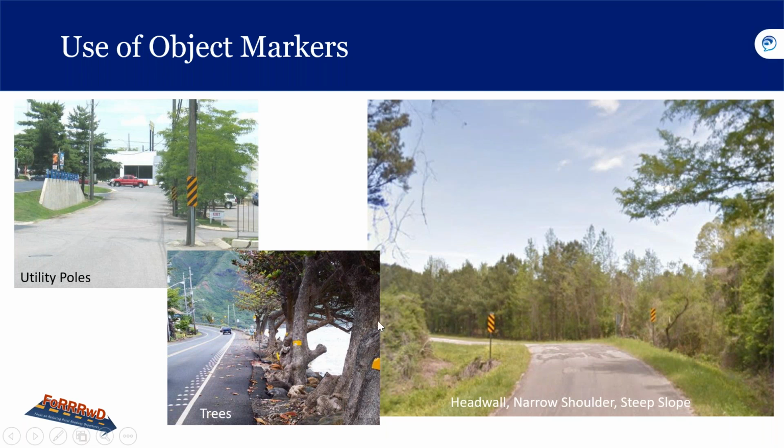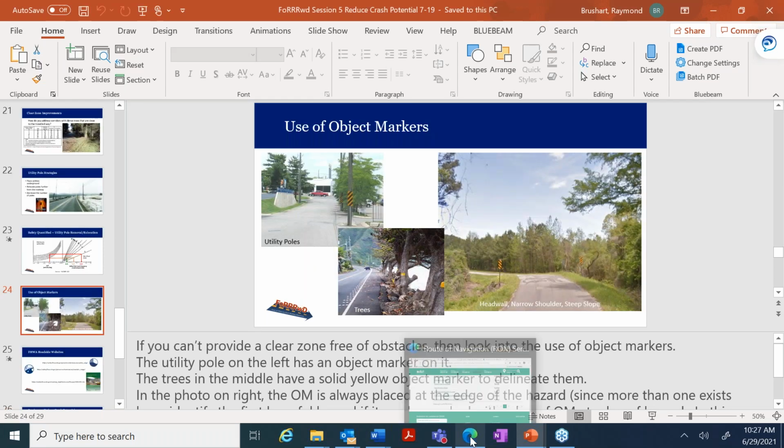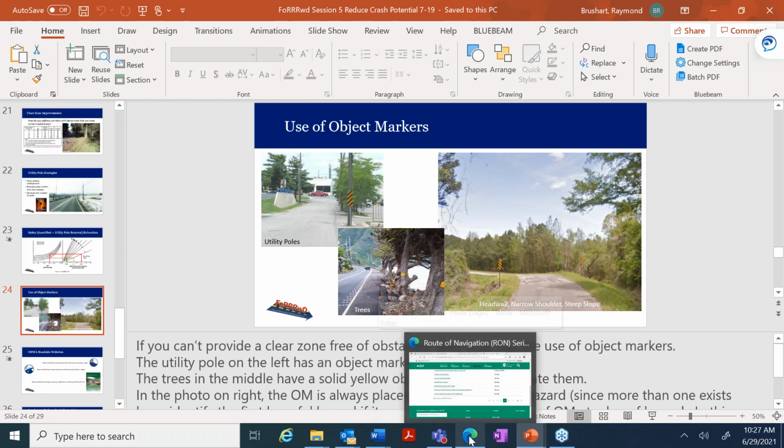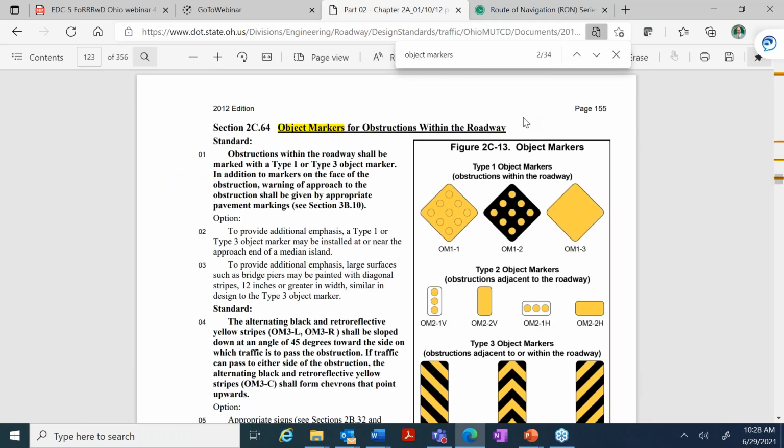And if you need to find out more information on object markers, you can find a lot of information in the Ohio Manual of Uniform Traffic Control Devices. So let's check that out. If I go to the Ohio LTAP website and click on resources, and then I click on the Ohio Manual of Uniform Traffic Control Devices, and then I click on Chapter 2 of the manual, and I go to Section 2C.64, page 155.